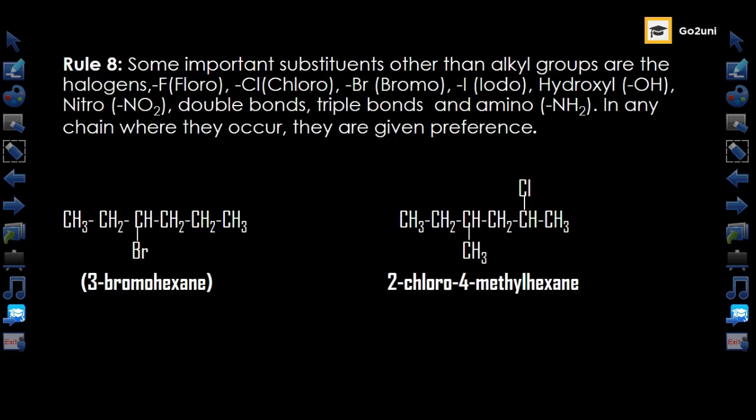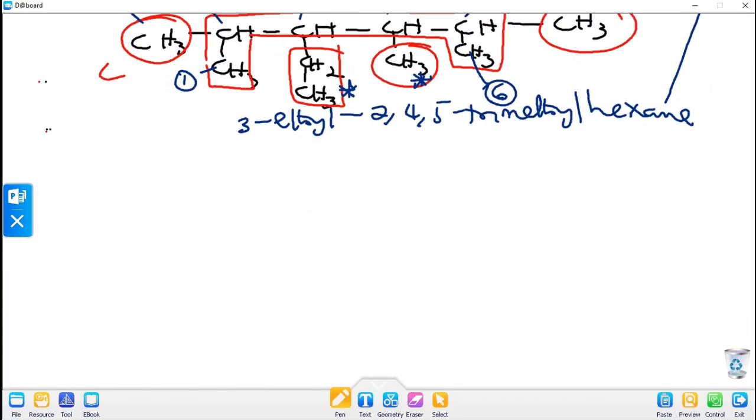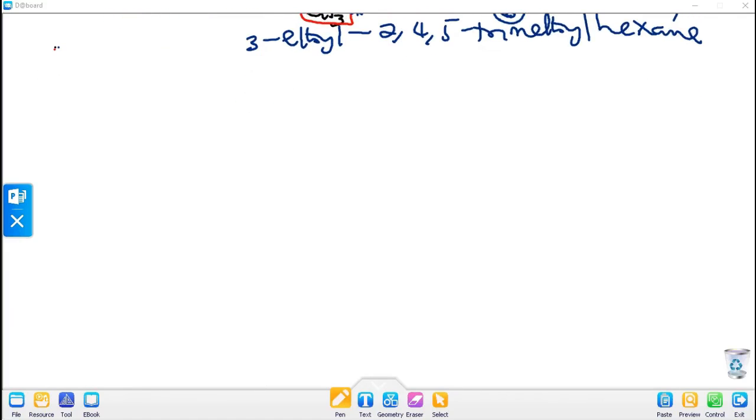That is to say, how? What do we mean by saying that preference is given to chlorine? Preference is given to chlorine because the numbering scheme started from where chlorine is, and this is it.